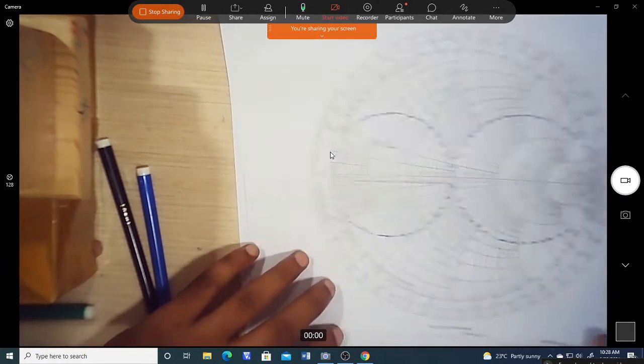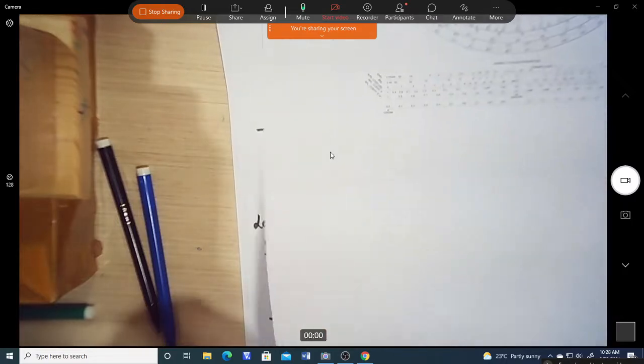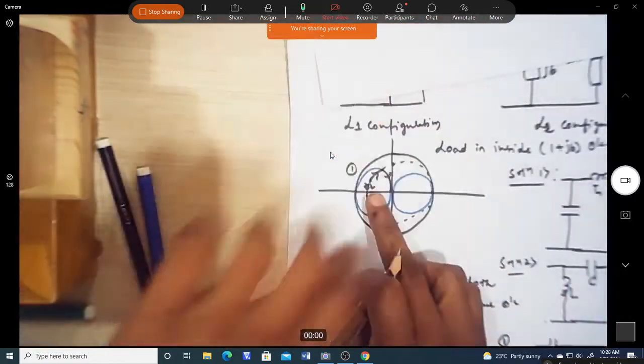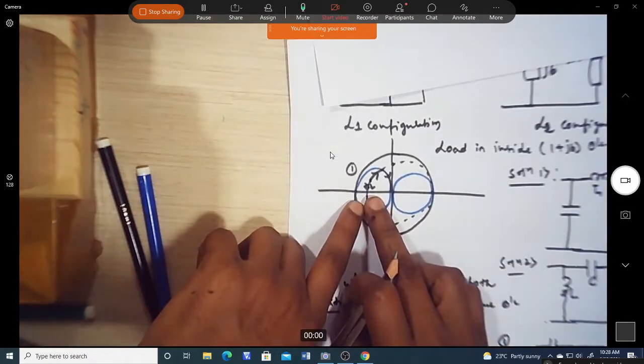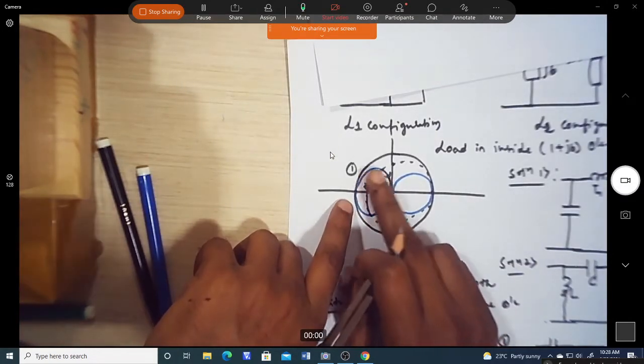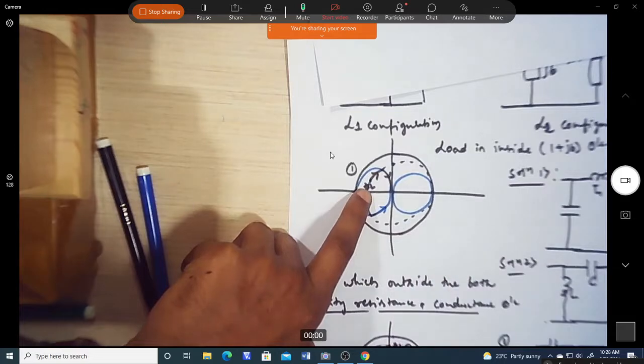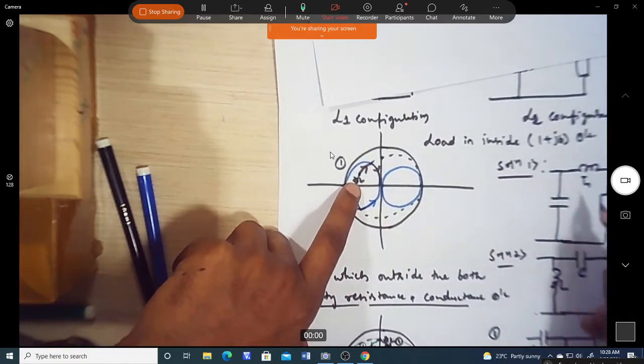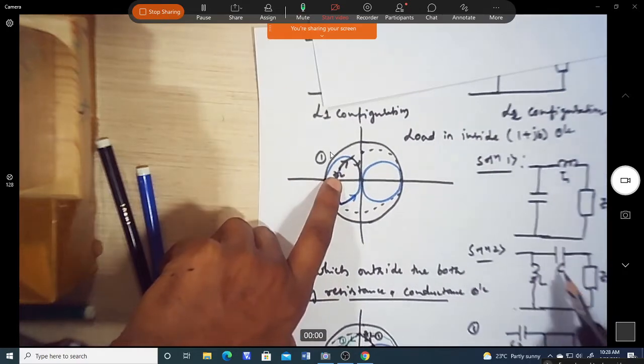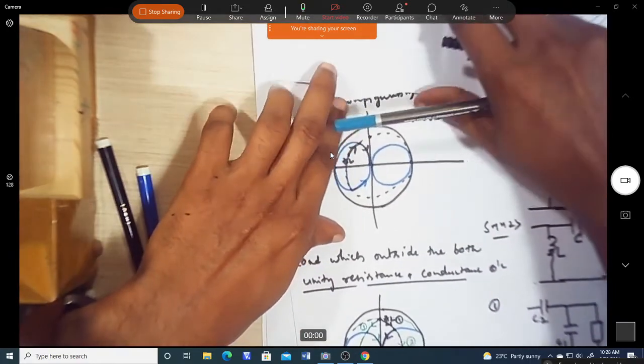We have already discussed what the possible solutions are whenever ZL is a point inside the unity conductance circle. Either we can get series L or shunt C, or we can get series C or shunt L. Now we will see how we can get the values.